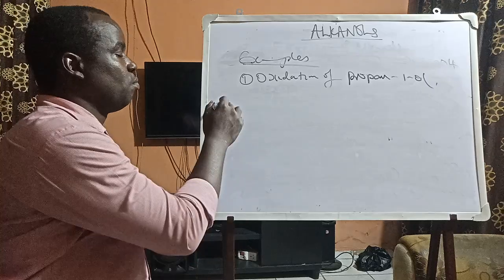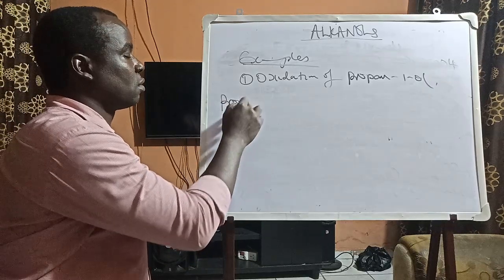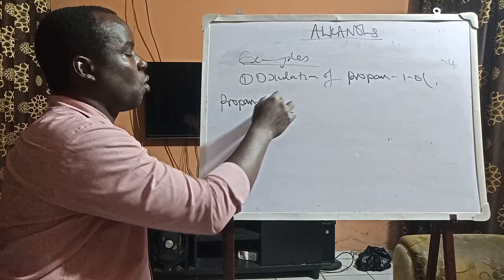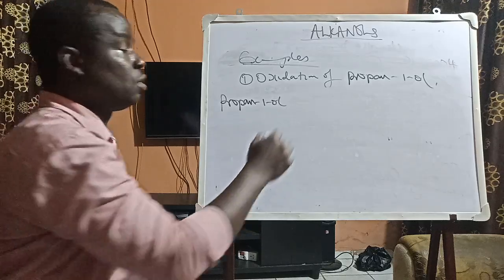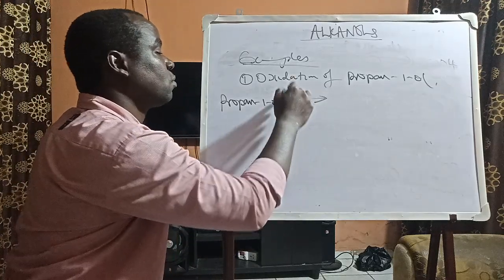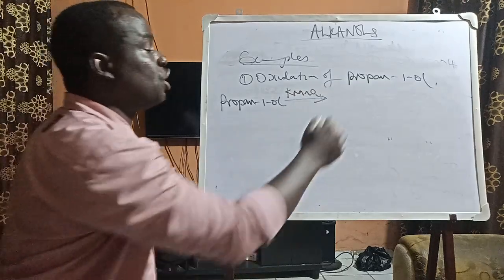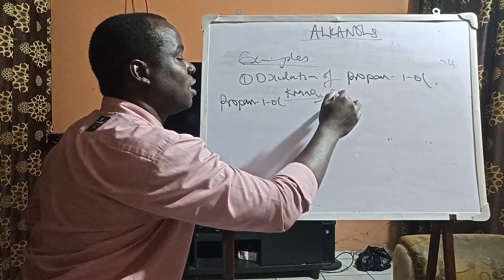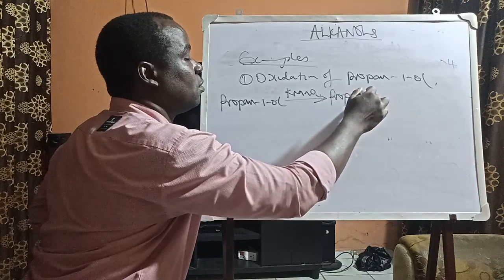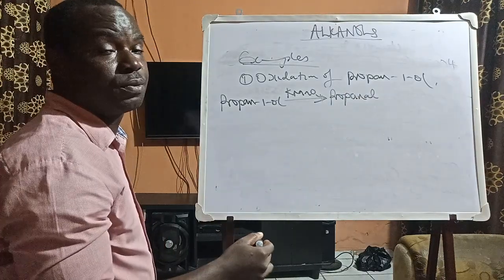Now, propan-1-ol, if you do the oxidation, that's KMnO4, the ol will change to al, that's propanal. Are we good?